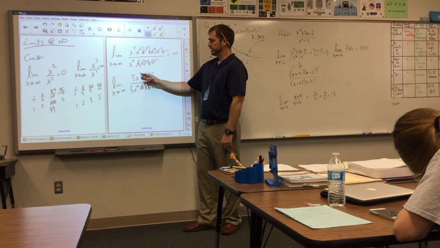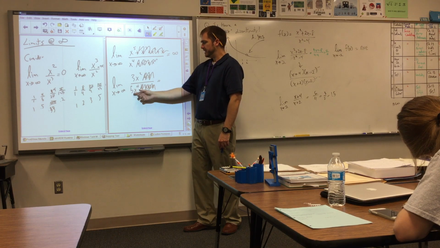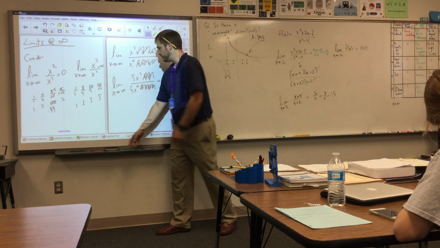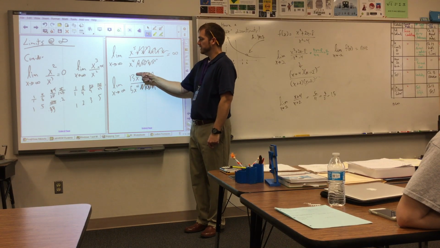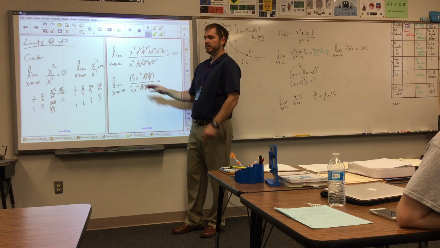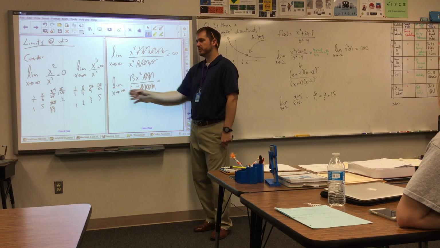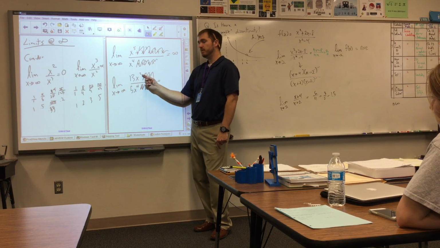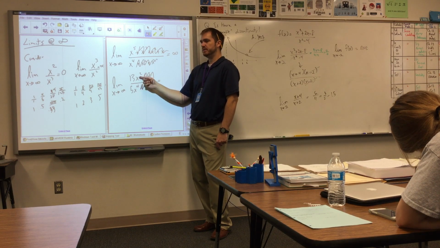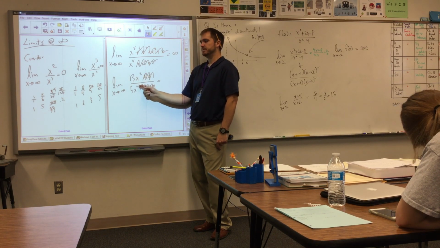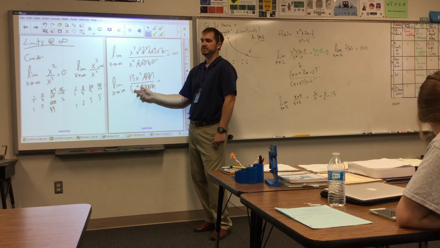Okay? And so in this situation, even though there's a 5x to the 4th, I could have 13x squared. And you might say, that coefficient's bigger than this number. Yeah, it doesn't matter. As x approaches infinity, we're going to get 100 times 100 times 13, versus 100 times 100 times 100 times 100 times 5.